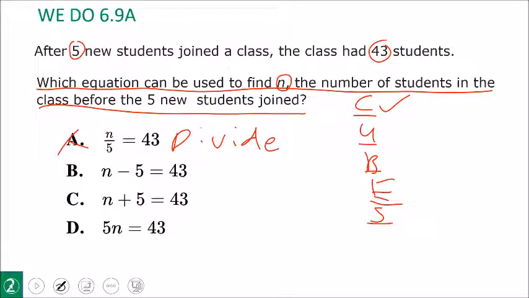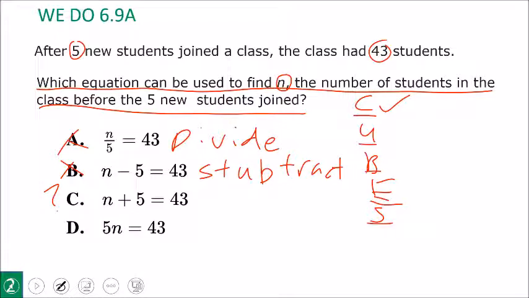Well, that's not adding, that's subtracting. So that's trash. Throw it away. N plus 5. Well, that looks like that might work. So we're going to leave that as a question mark.